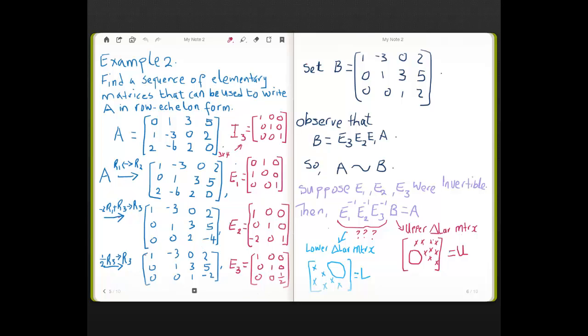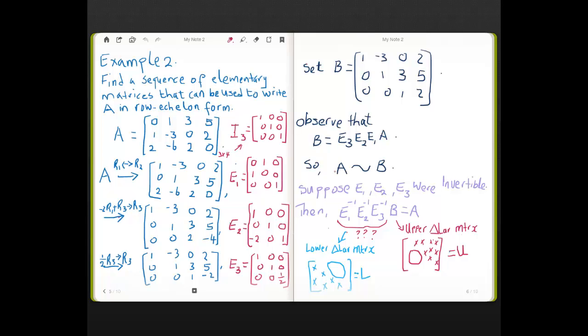Now this is my row echelon form. Set this matrix, the new matrix that has been created, to be equal to B. So B equals this matrix. Now from what we saw before, basically the matrix B equals E3 times E2 times E1 times A. See the relationship between B and A?